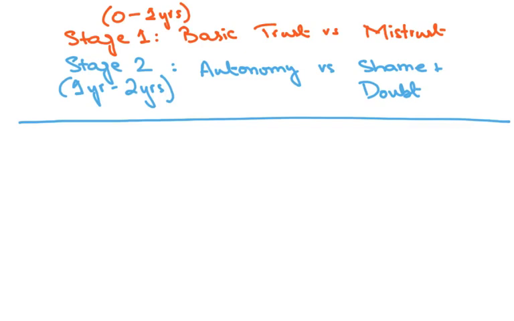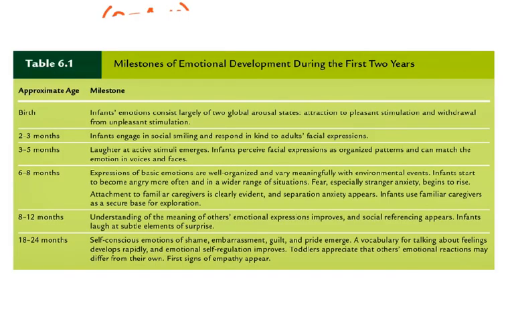Now, we have a table here. Let me show you that. What this table does is look at various emotional milestones which a child achieves during the first 2 years. One of the things you see is, what happens at birth?